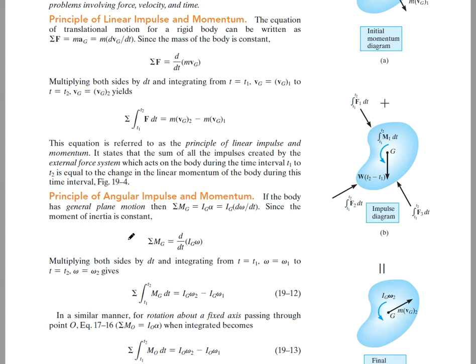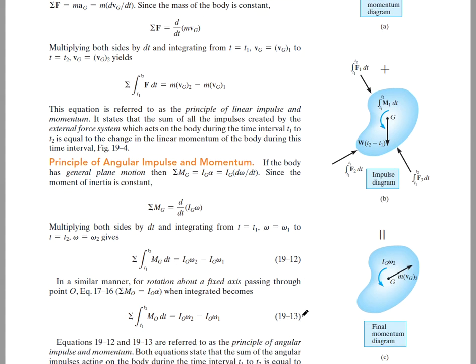Then for moments, the effect of the moment acting between t1 and t2, this is the angular impulse, is going to be the difference between angular momentum, and this is about the center of mass. So the impulse about the center of mass of the body is the difference between angular momentum at the later time minus angular momentum at the initial time.